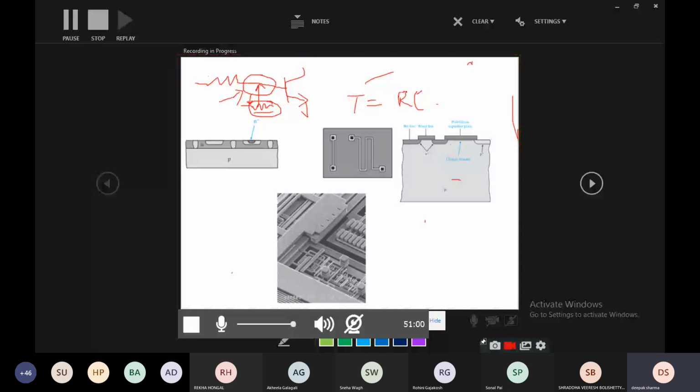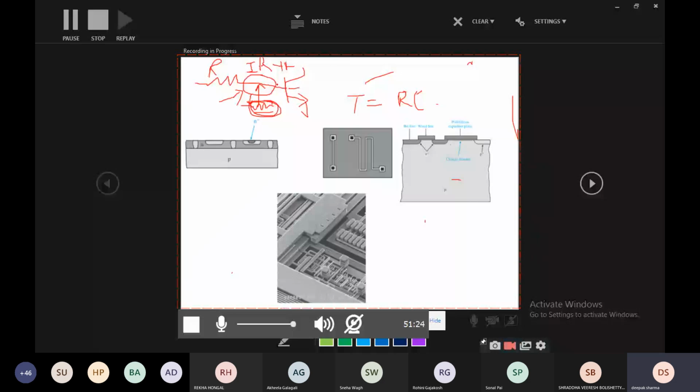So basically here there is resistance. This is the internal resistance of the wire. Then what do we have? We have a transistor. In the transistor we have a capacitor. Where is the capacitor?